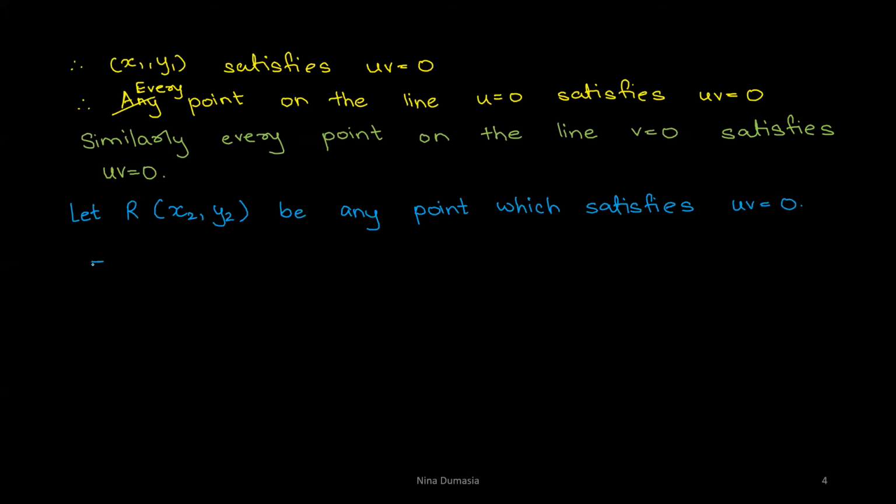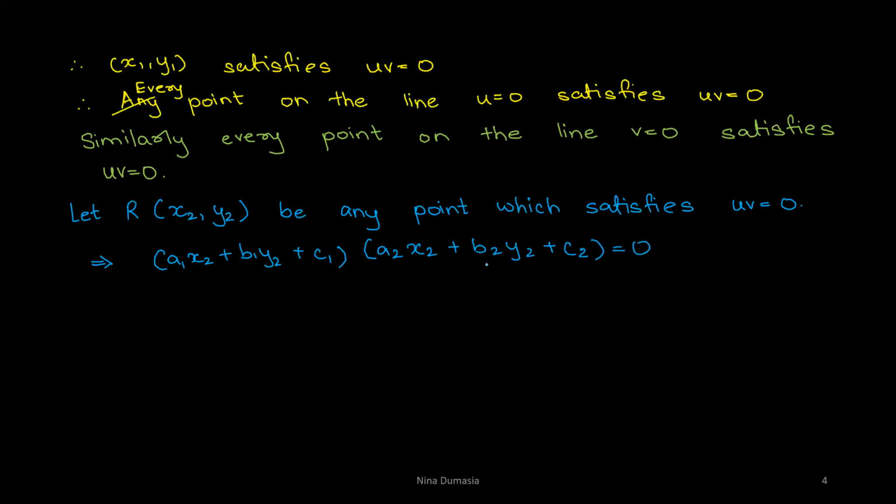Okay, so what does this imply? That (a1x2 + b1y2 + c1) into (a2x2 + b2y2 + c2) is equal to 0.